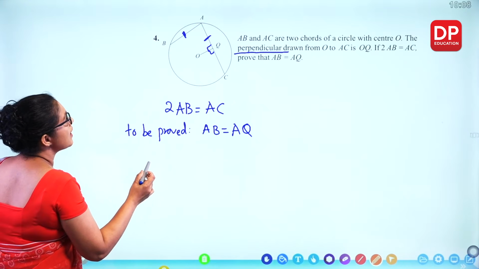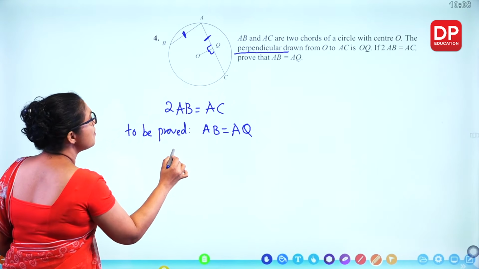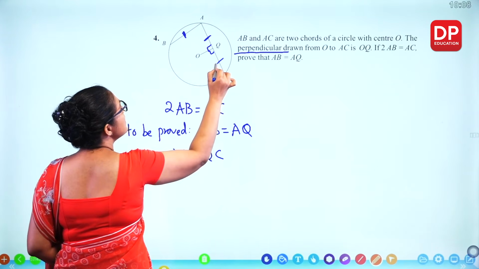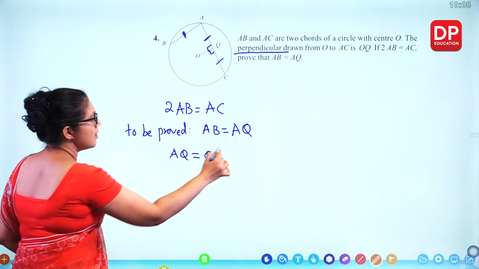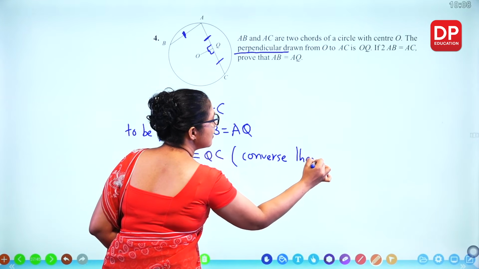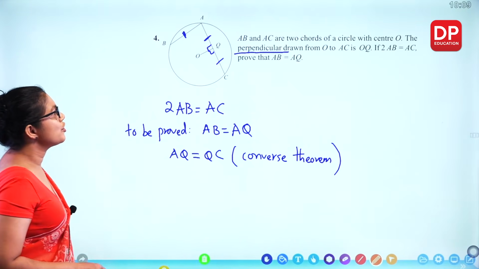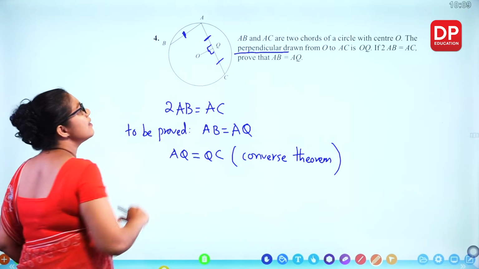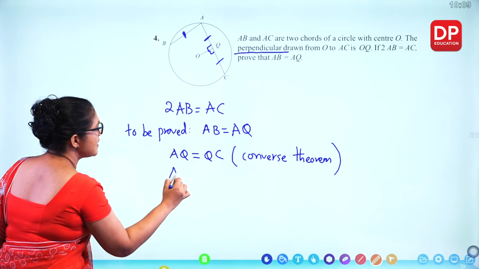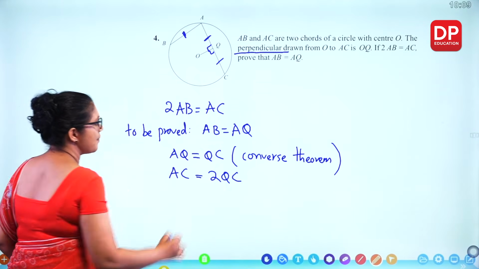So we can write down OQ according to the Converse theorem, AQ is equal to QC. When you multiply this by 2, what do you get? You get AC equals 2 times QC.